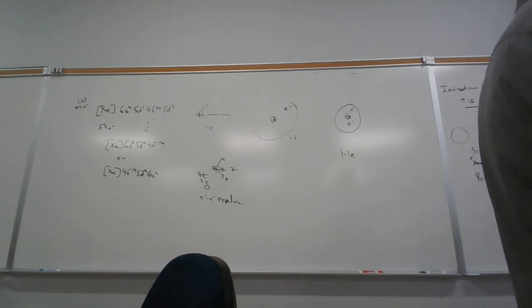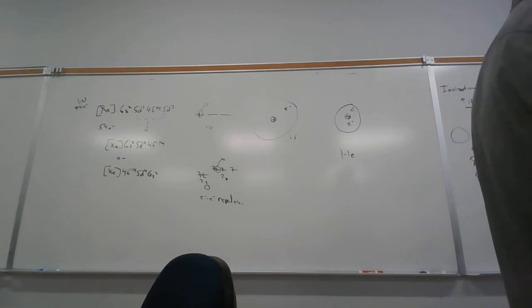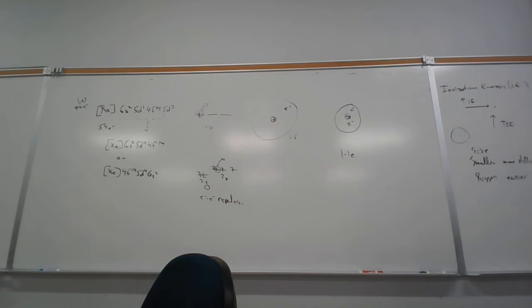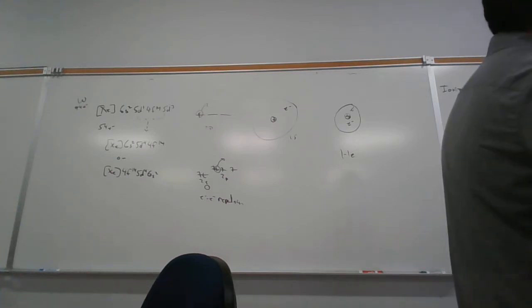All right. What I want to do now is jump to chapter 12, because this is chemical bonding part 1, 12 and 13. So here we can see this is the element phosphorus.